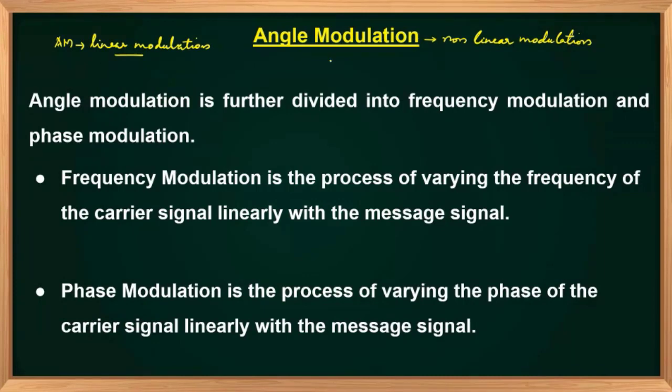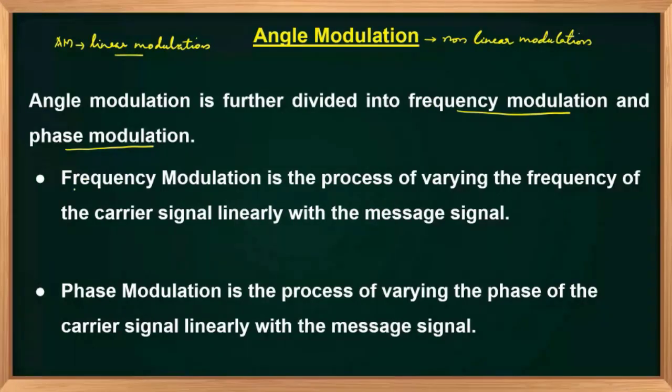In the case of angle modulation, this principle cannot be applied, so it is called non-linear modulation. Angle modulation is further divided into two different modulation schemes. The first one is frequency modulation or FM, and the second one is phase modulation. So in this first session, we are going to discuss angle modulation.